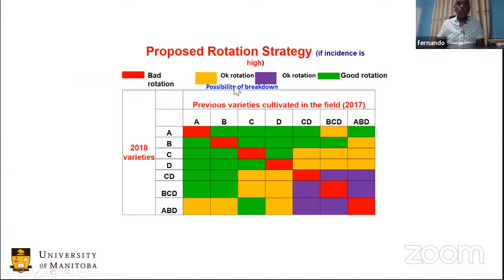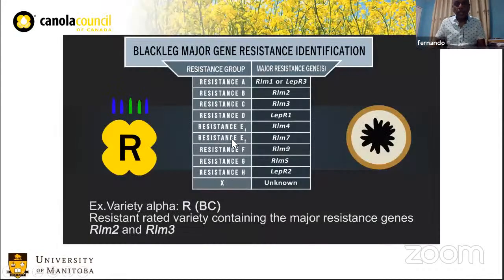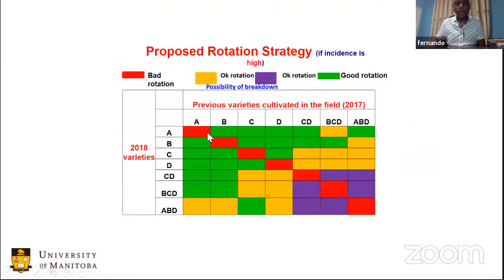Once you know this, the farmer can make a decision as to which variety to grow. Any time you have grown a variety with group A genes, that is RLM1, you should not grow that in the same field the next year.